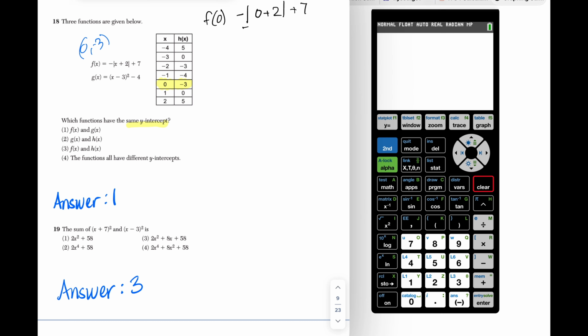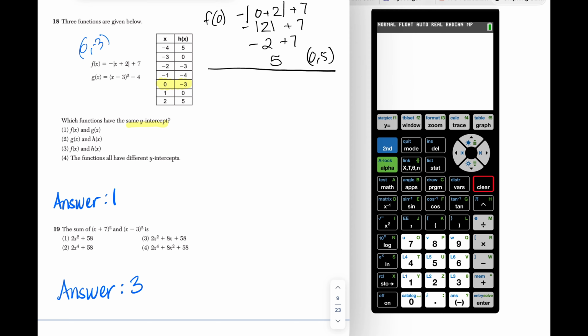We do what's in the absolute value first. 0 plus 2 is 2, so that's just a positive 2. Then this turns into a -2 because the negative is on the outside, plus 7. This is equal to 5. So my coordinates here would have been 0, 5. So we definitely know that f of x and h of x do not have the same intercept.